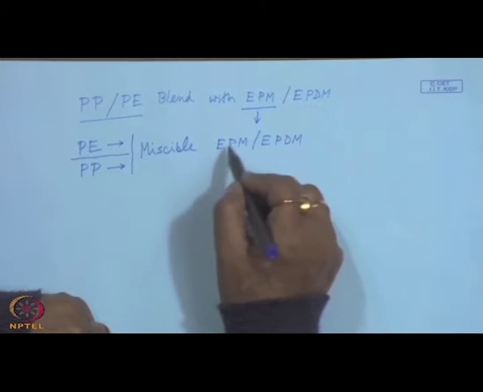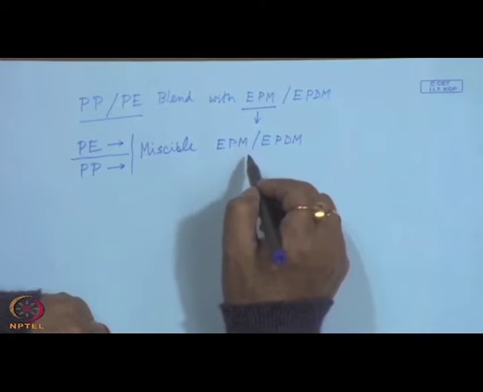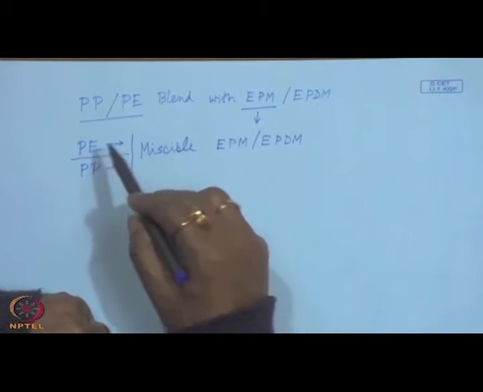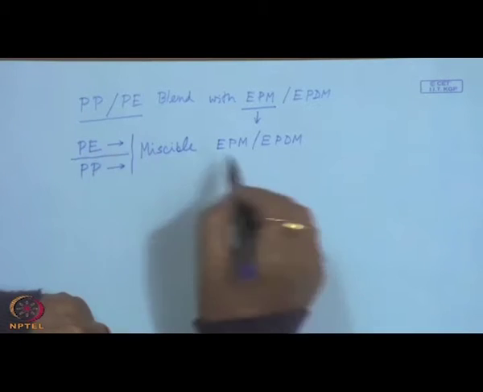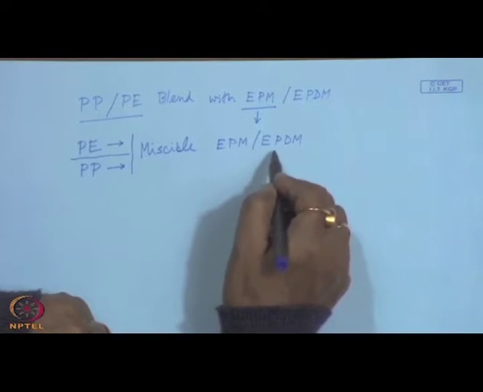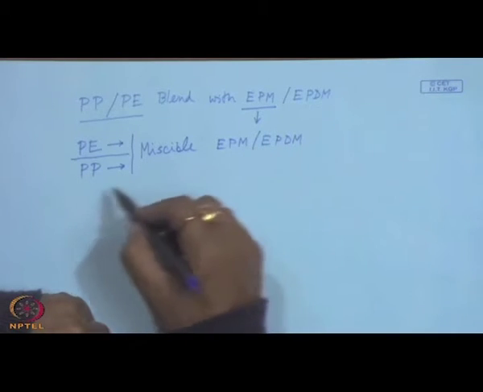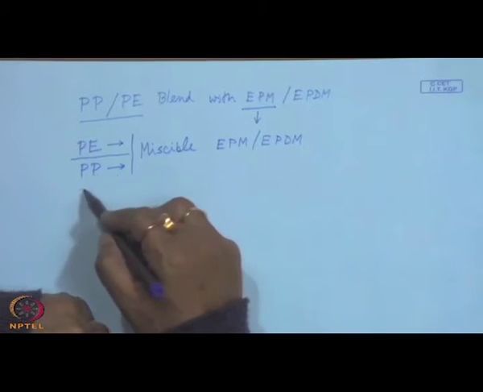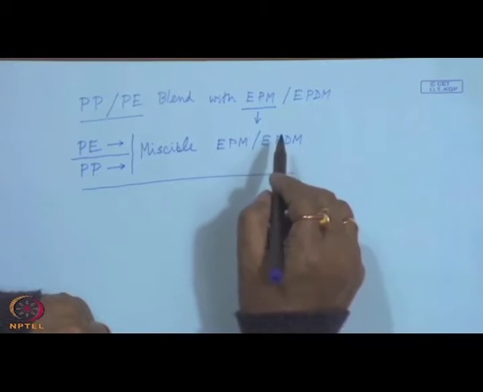So, these polymer segments will orient in such a way that ethylene units will come close to the ethylene units of polyethylene, and propylene units of such ethylene propylene, or EPDM will come closer to the propylene units of the polypropylene. So, this way they form a compatible system of polymer blend.